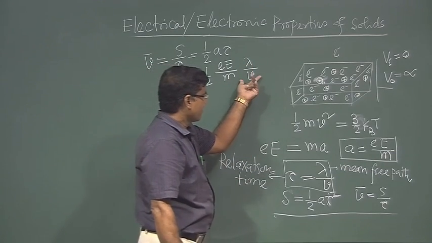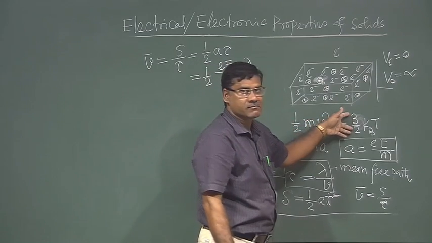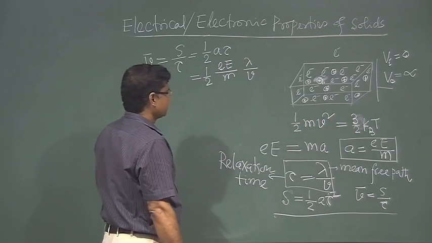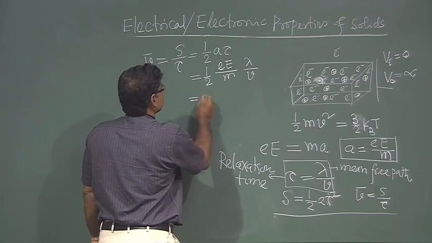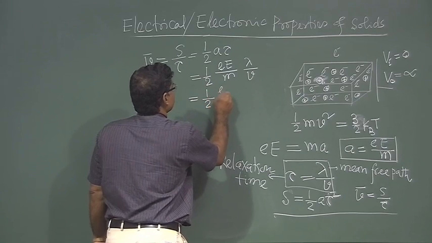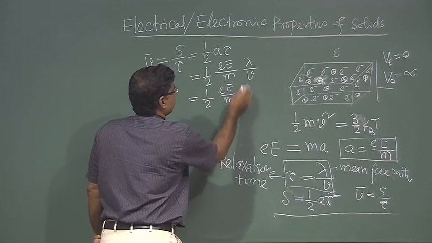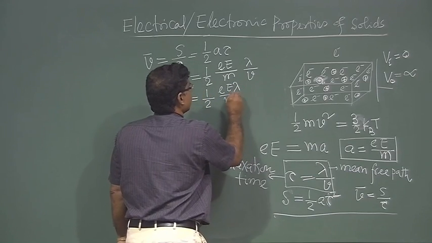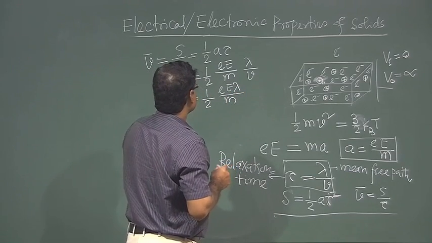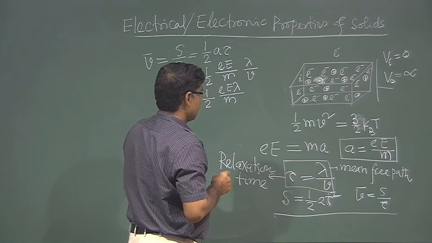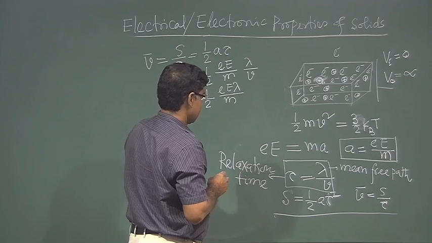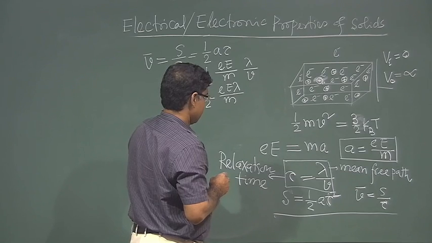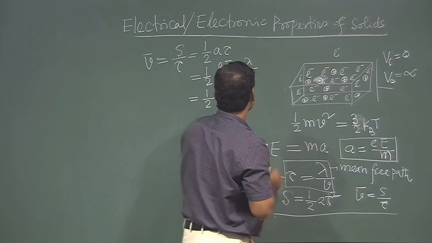Now, v one can find from here. So, what is the v? If I replace v, half E by m, this lambda let me write here, 1 by v. So its v square is there.